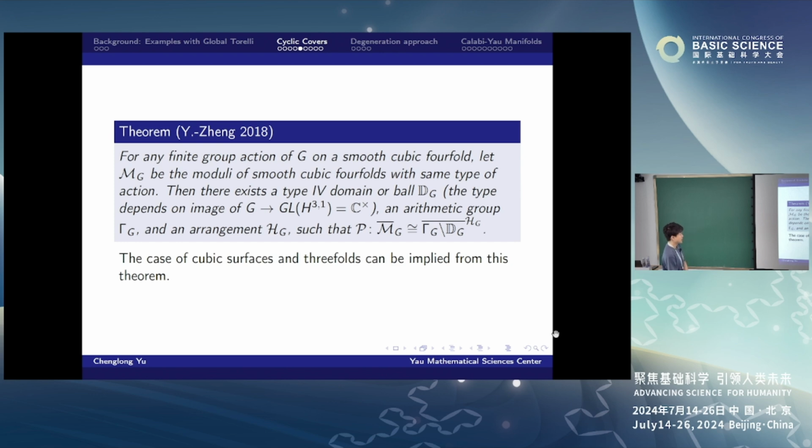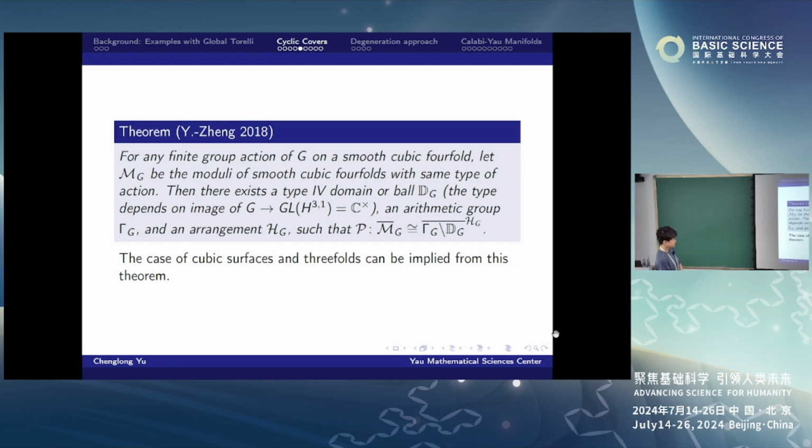If you consider any finite group action on a cubic fourfold, then we can consider the moduli space of those cubic fourfolds with this type of symmetry. So you will have cyclic groups or some other abelian groups or even non-abelian groups. There are many examples of those groups.